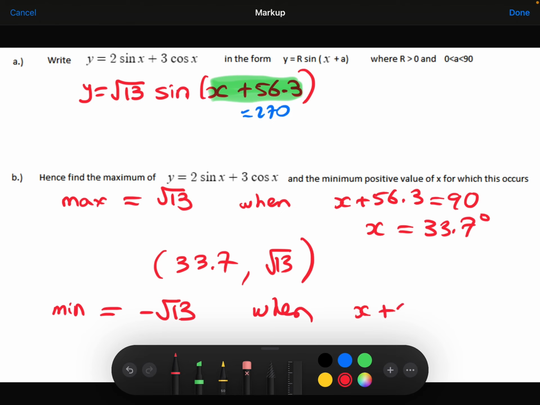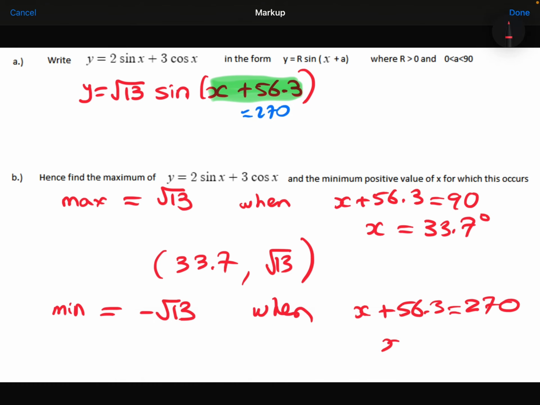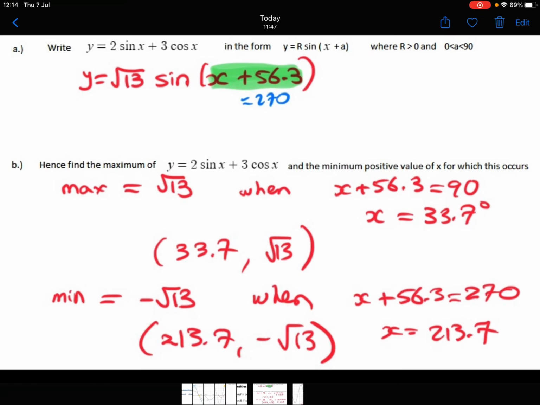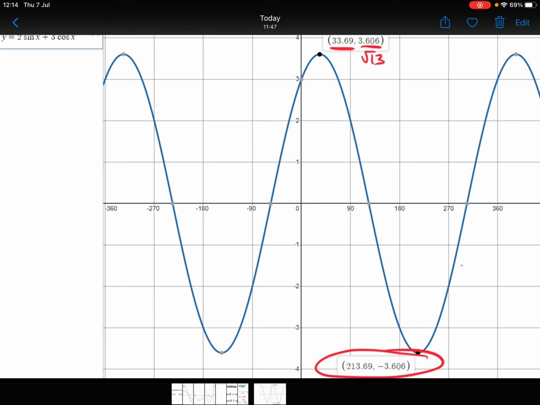So therefore, x plus 56.3 equals 270. So if we subtract the 56.3 from 270, we get 213.7. So the coordinates of our minimum point are like that, which you can see is correct down there.